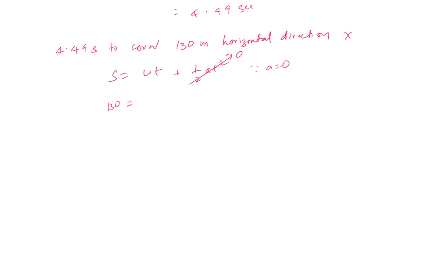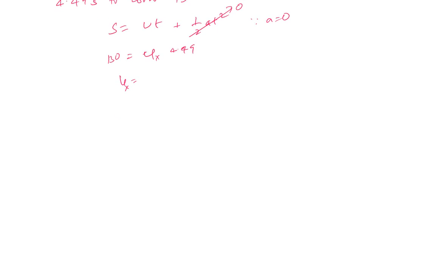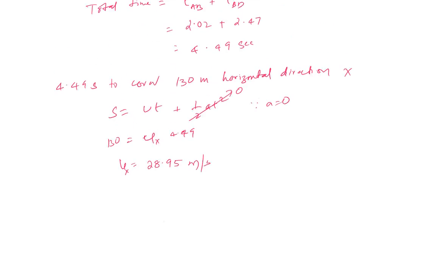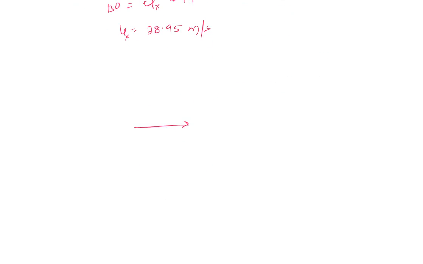So 130 is u_x times 4.49, so u_x is 130 divided by 4.49, which is 28.95 meters per second.